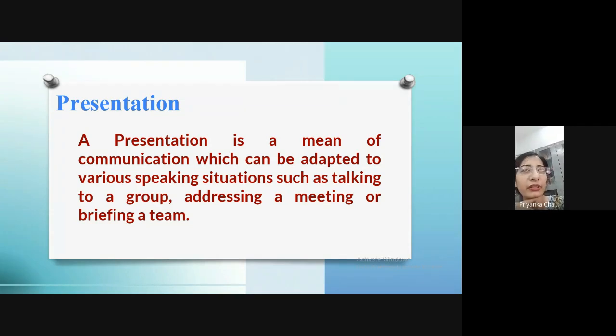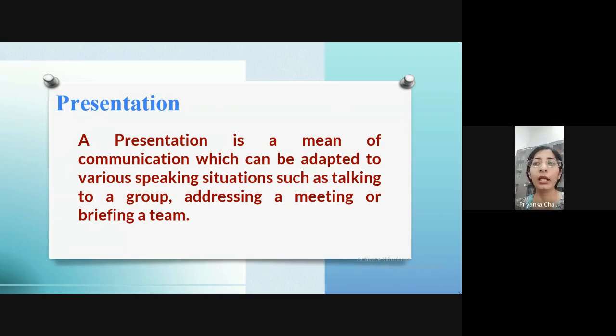My area of interest is research, contributing toward the society because I'm doing it on a regular basis. My achievement includes I got Best Faculty Award, I got Best Presentation Award in the year dash dash dash. So this is how I presented myself. So you have to cover these points while presenting yourself.